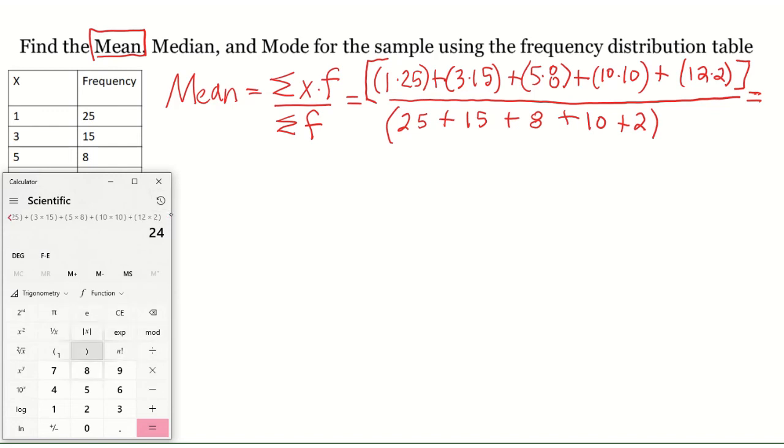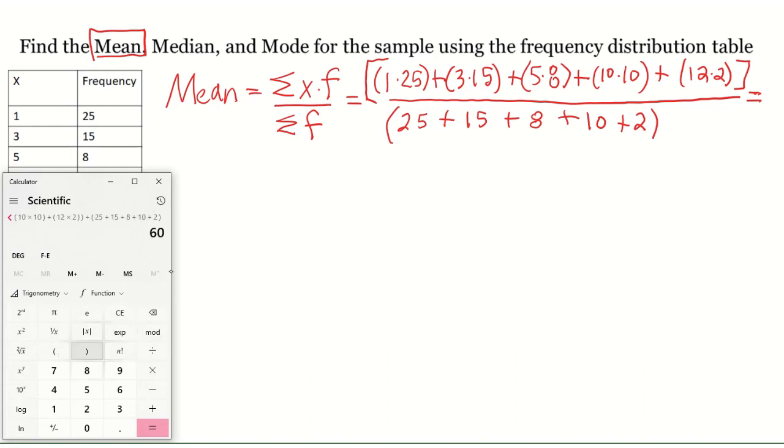I'm going to close my bracket, and then I'm going to divide by the sum of the frequencies. So I'm going to do my brackets, 25 plus 15 plus 8 plus 10 plus 2. Double check that I have all of my numbers written down correctly.